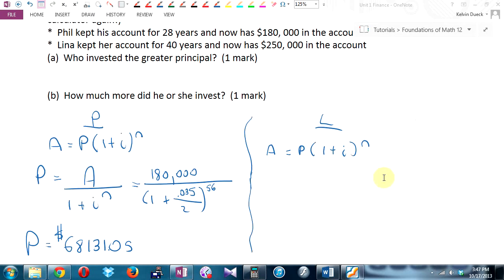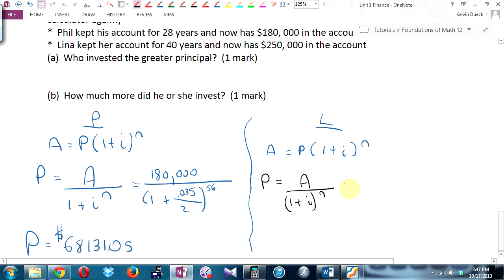Let's try Lena. Again, we're multiplying right there, so I could divide. In fact, I think it's also going to be principal equals final amount divided by 1 plus little i to the n. What was Lena's final amount in my example?